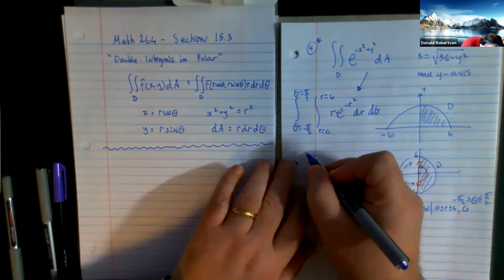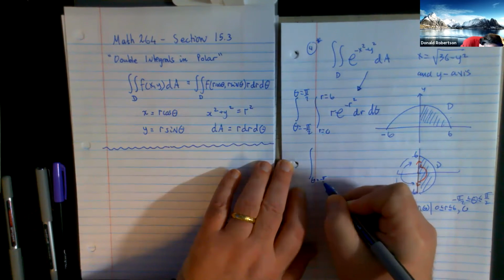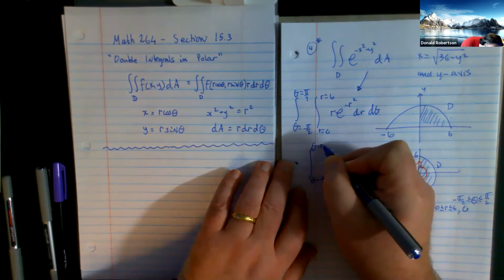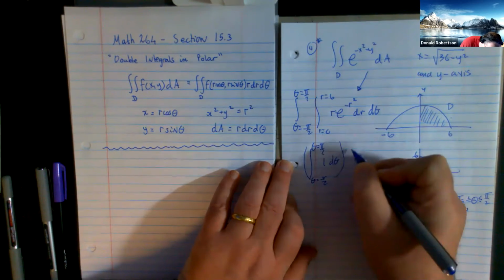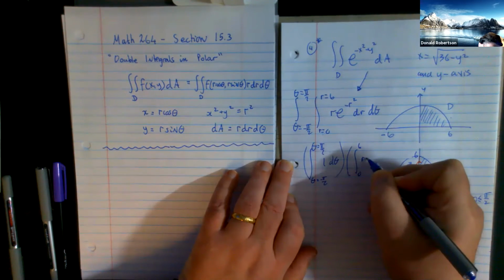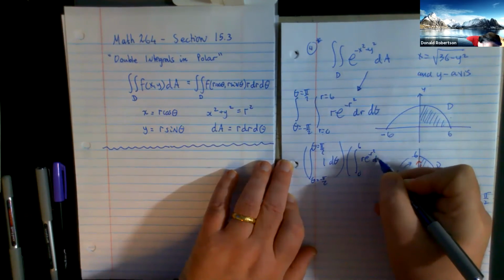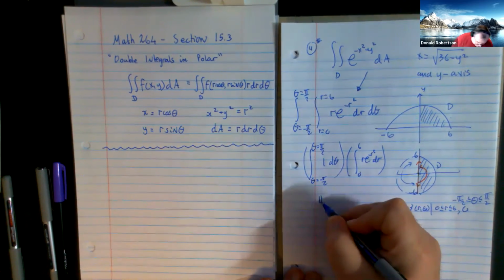This is separable. That guy there is dead easy. You want to trust me, but it ends up being pi.